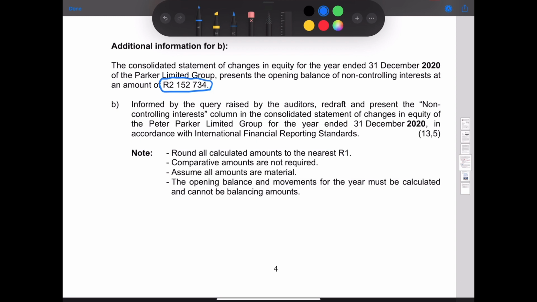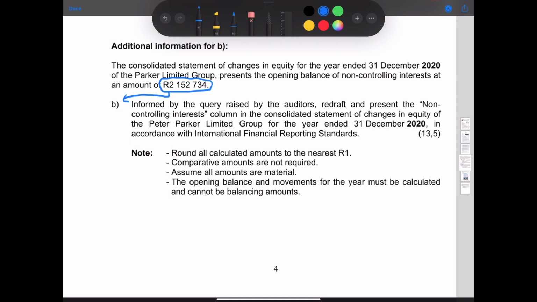For Part B, many students did not read the additional information given. You should have used this amount as your opening balance of your NCI and then added the adjustment made in question A to that to get the correct opening balance.